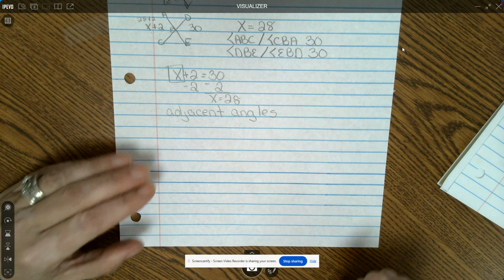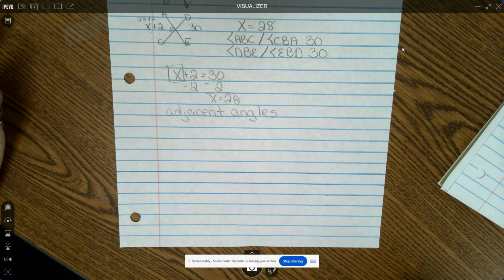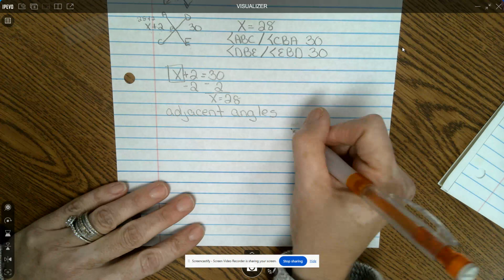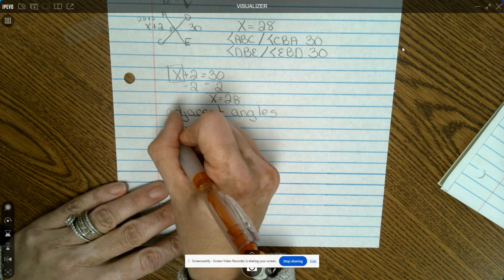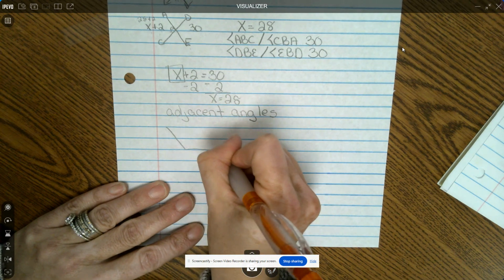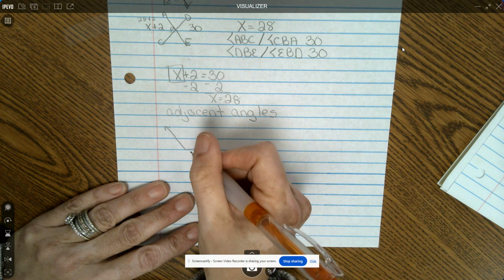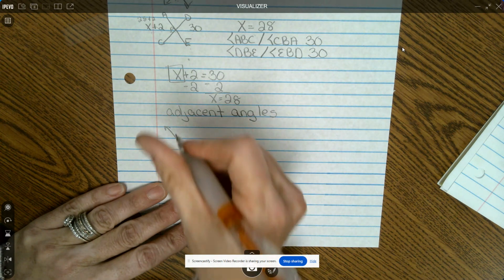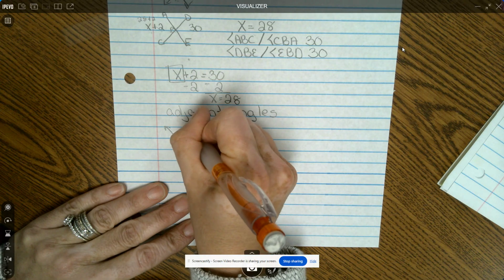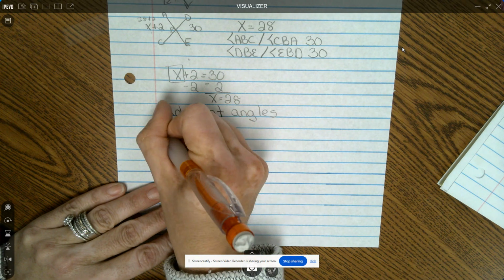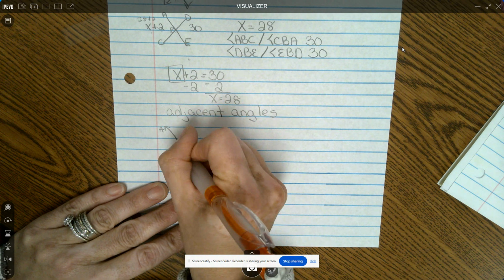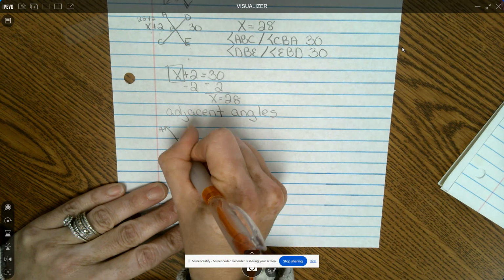All right, so adjacent angles, we talked about earlier, and how do we know that they're adjacent? So if I have this, now notice, I am not making it equal to 90, and do not assume that it's 90 degrees or 180.